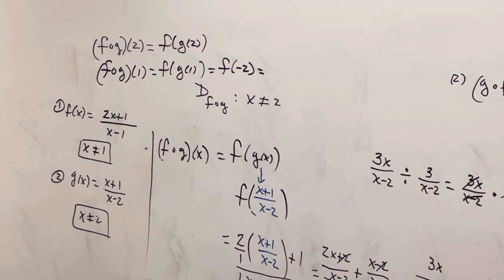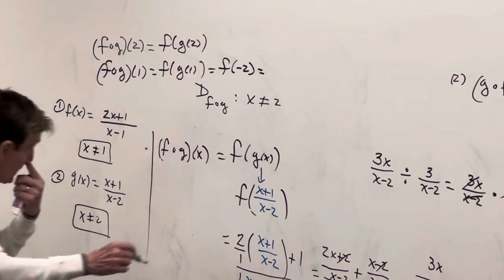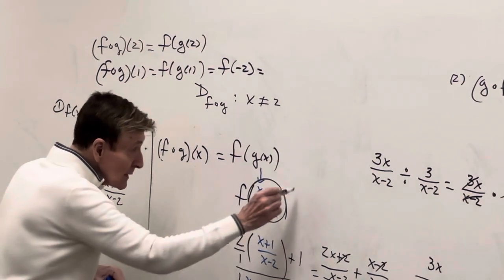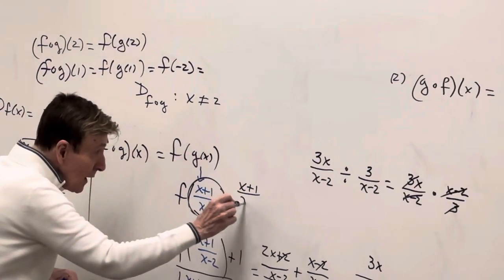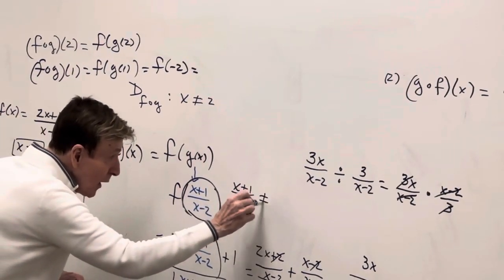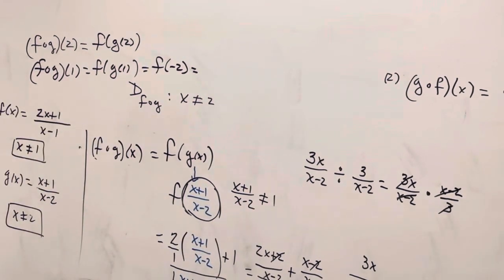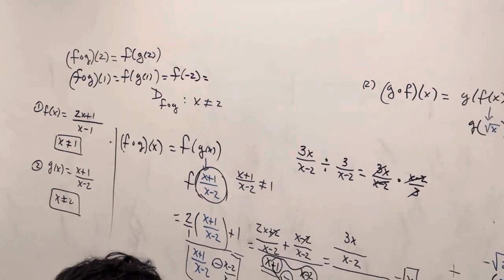The domain cannot be equal to a 1. So this right here cannot be a 1. That's true, guys? So she's thinking a little differently here.